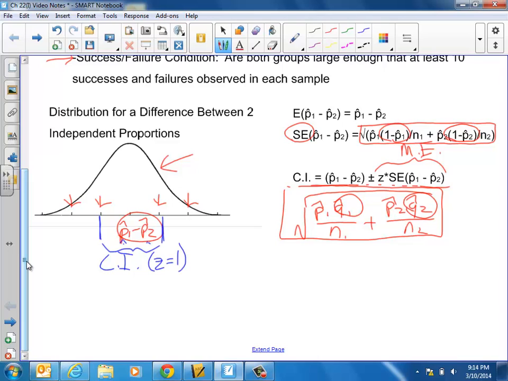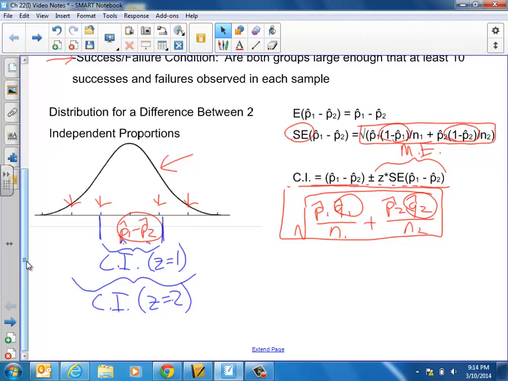You're not casting a very big net, and you would only be 68% confident in the true population proportion difference for support for Romney among boys versus girls at Yorktown. Obviously, if you go with a margin of error at a z-score of 2, now you are 95% confident that you have captured the true difference in support for Romney among all the boys versus all the girls.